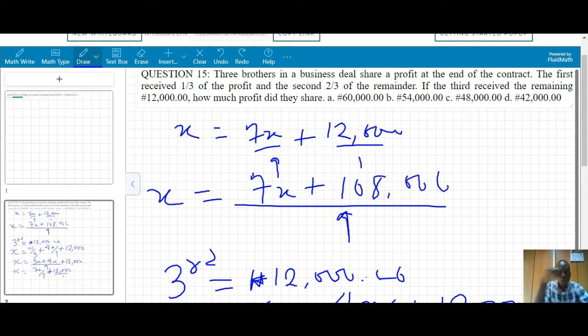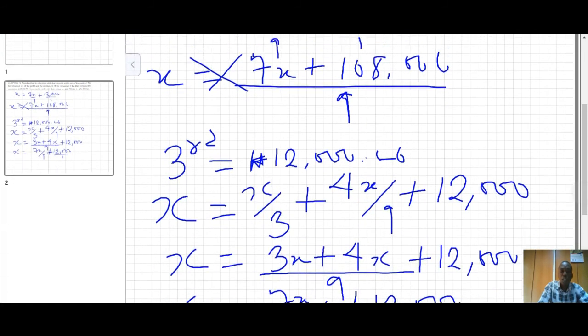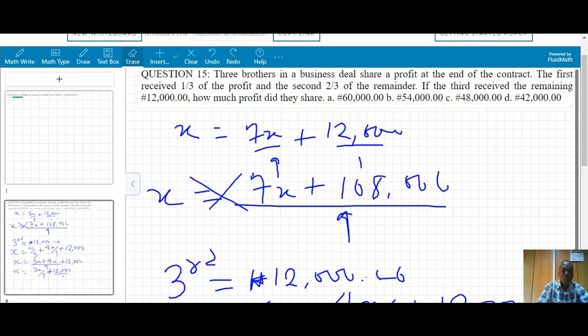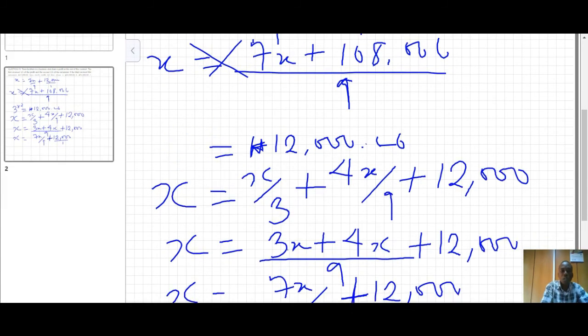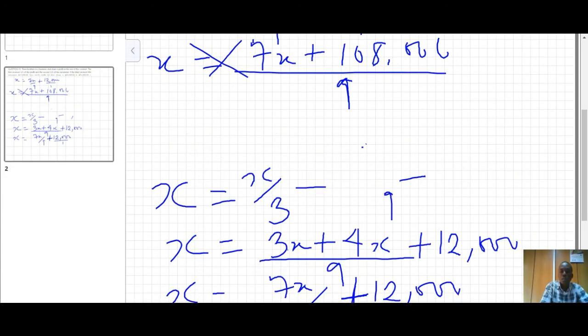Because 9 times 12 gives 108. The next thing we do is cross multiply.